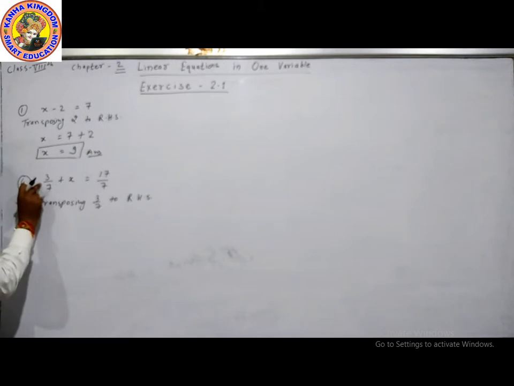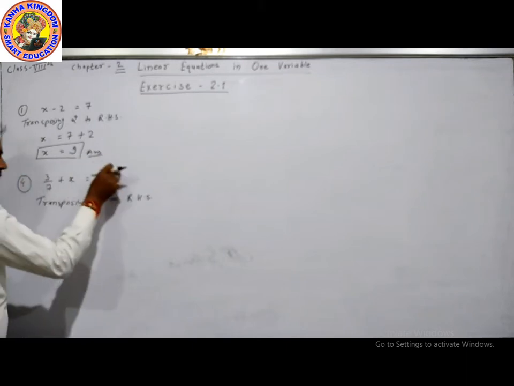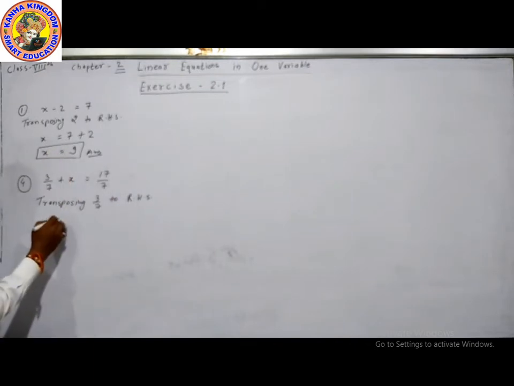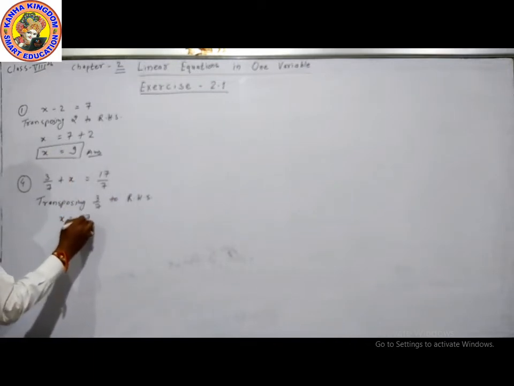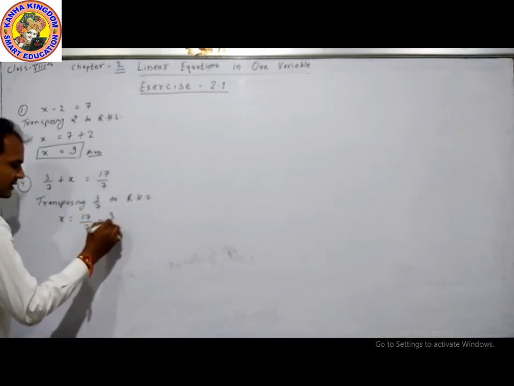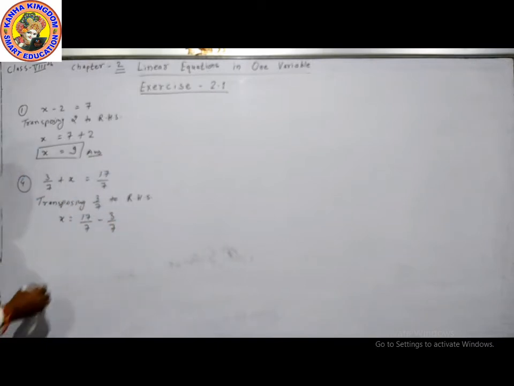The sign here is positive, then gone to the right hand side will be negative. x is equal to 17 by 7, then minus 3 by 7.